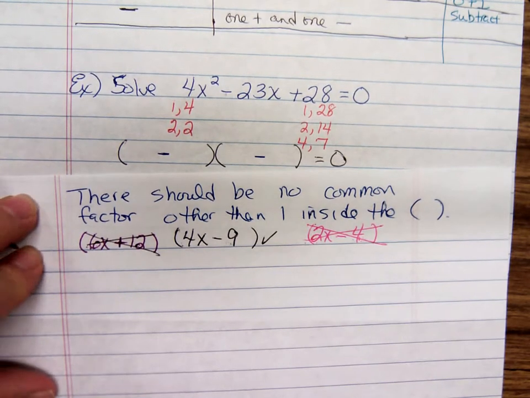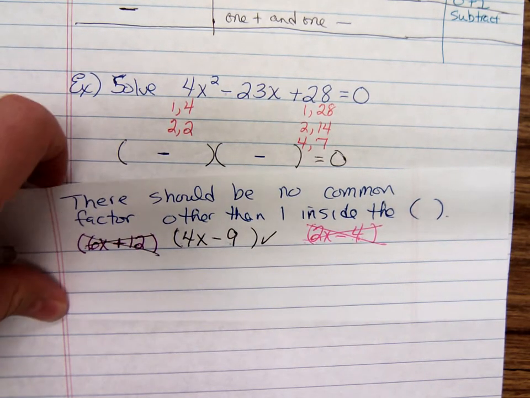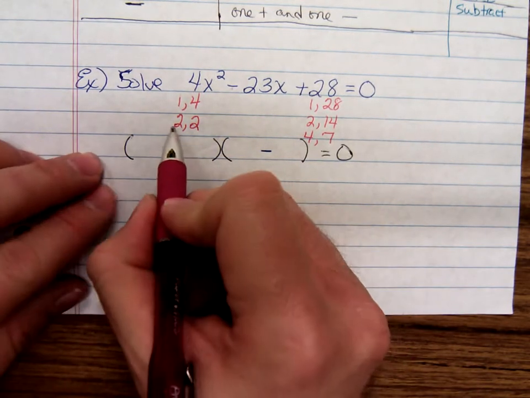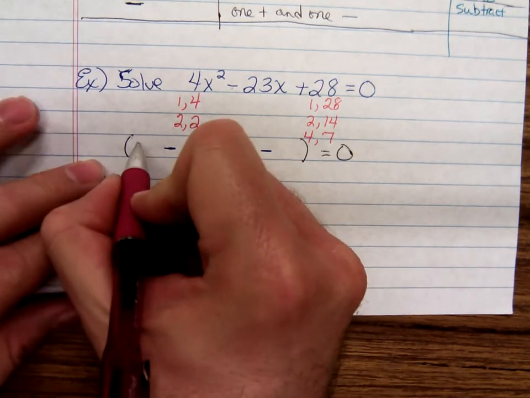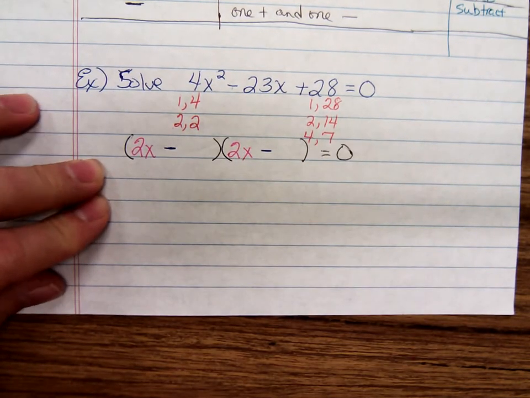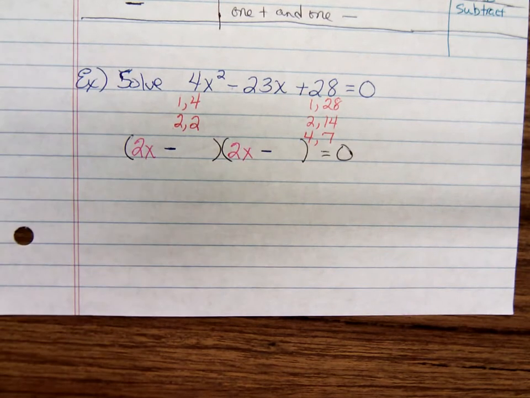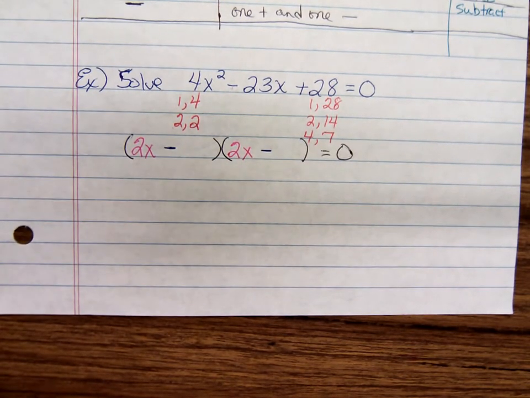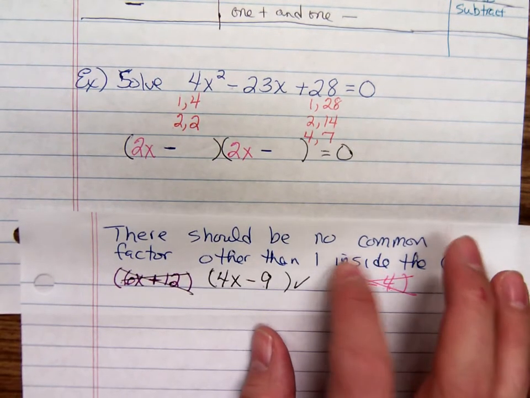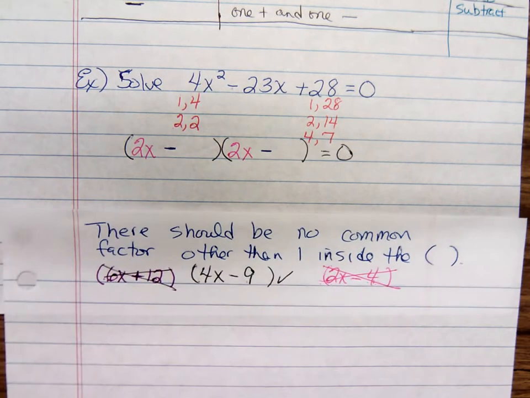So I'm about to begin the trial and error process here. If I started off, let's try 2x times 2x. I think my no common factor other than 1 rule is about to be violated if we use 2x and 2x.